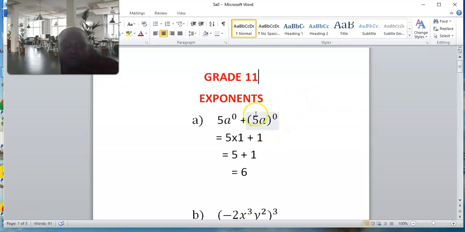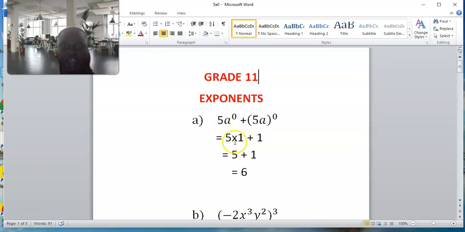Remember, if you have any number apart from 0, exponent 0 is 1. So 1 exponent 0 is 1, 2 exponent 0 is 1, 3 exponent 0 is 1, 5,000 exponent 0 is 1. So this 5 is multiplying the a exponent 0.